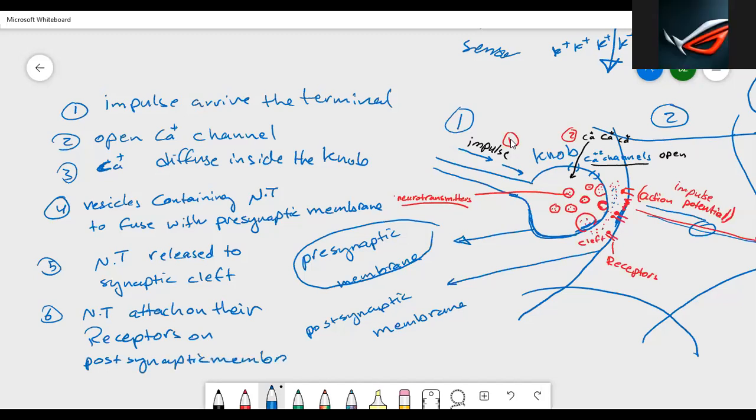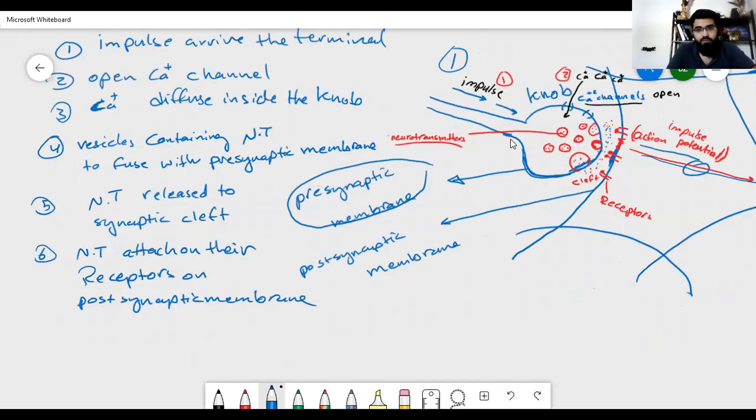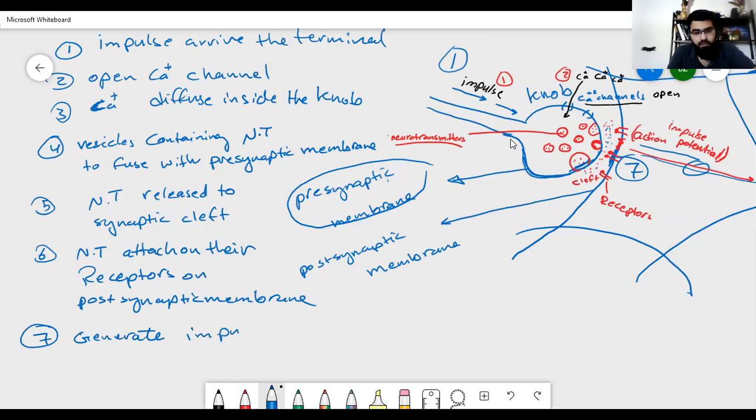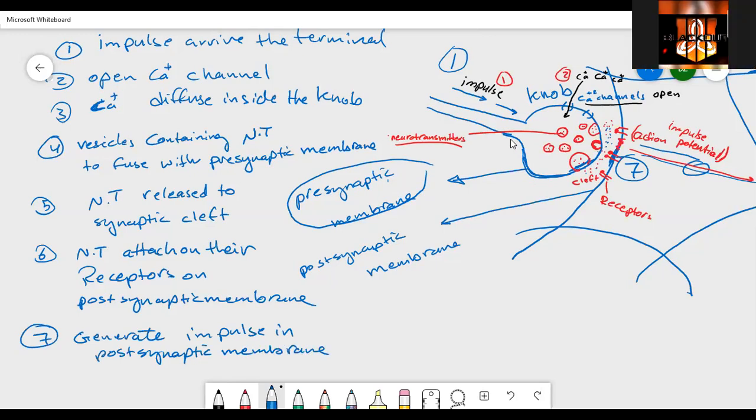And number seven, what will happen here? This attachment generates an impulse or action potential in the postsynaptic membrane. Is it clear? Yes.